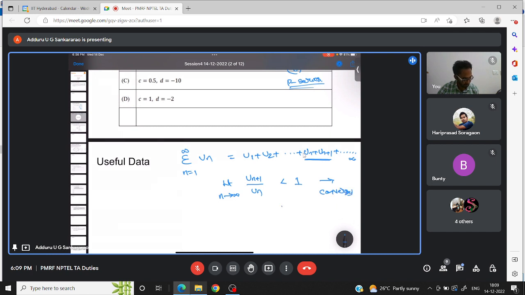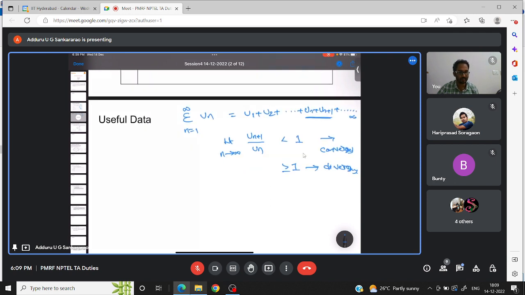If it is greater than or equal to 1, we can say it is diverging. You got it, right? Let me give an example. Say you have 5, and the next term is 2.5, like that it is going, and the next term is 1.25, then maybe 0.625.